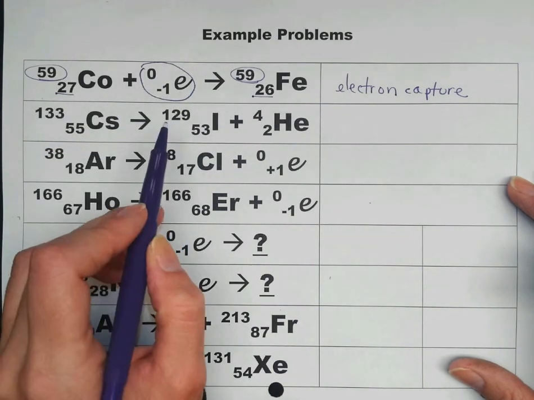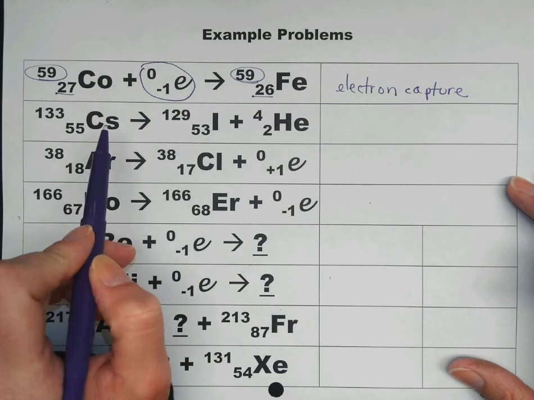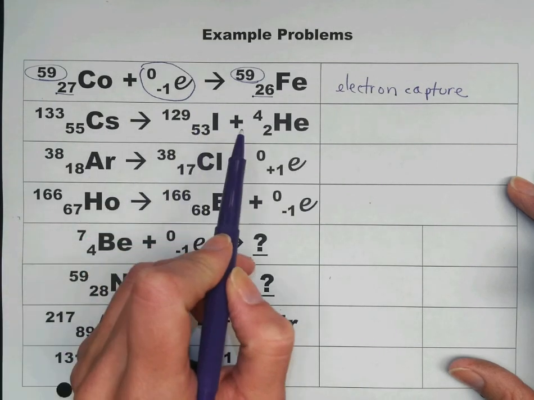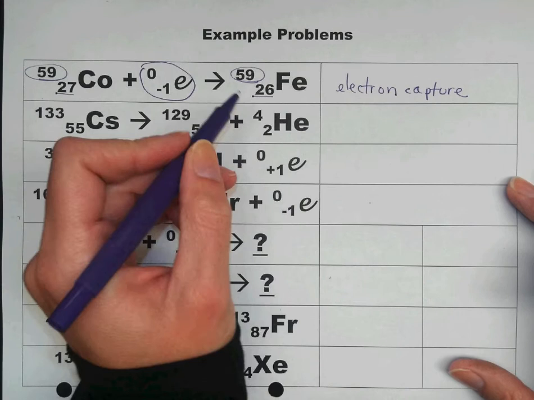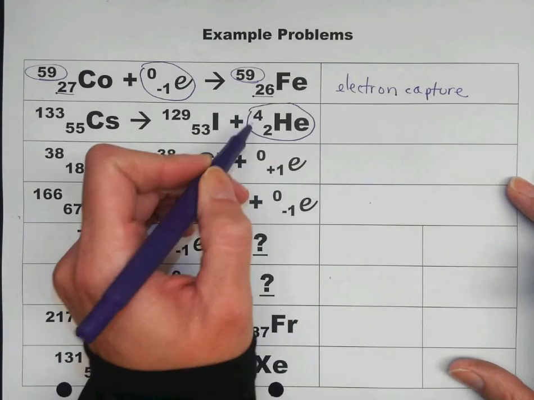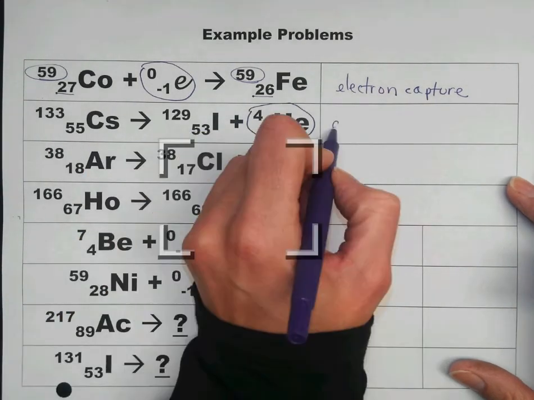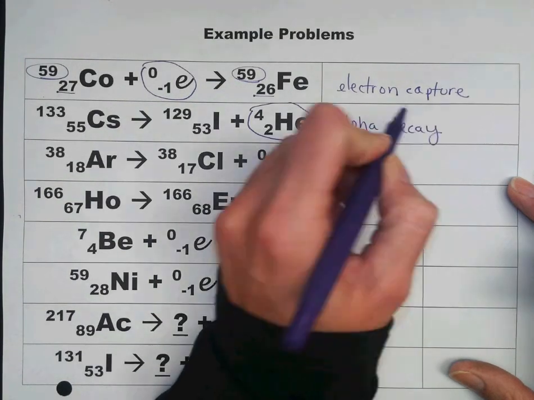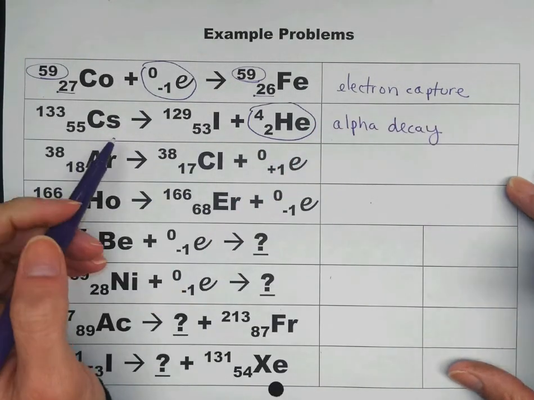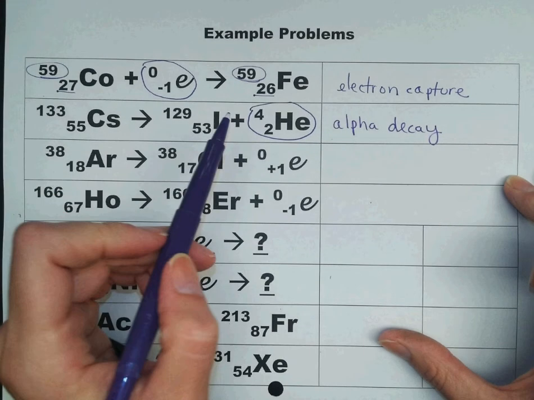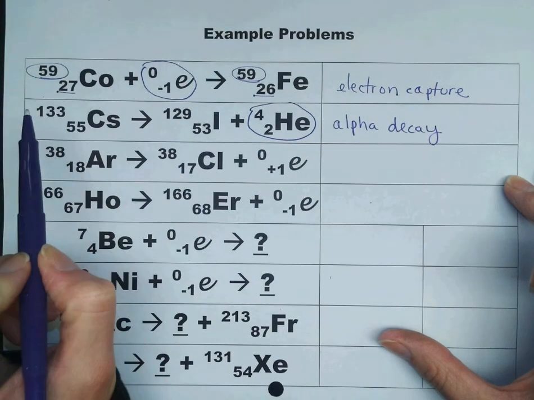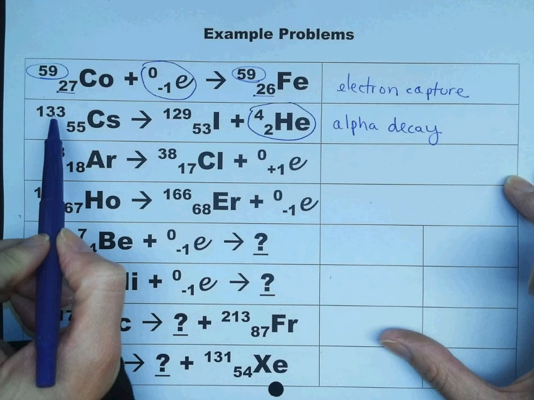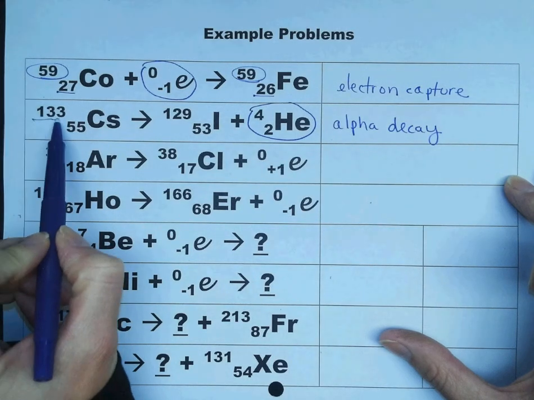If we look at the next example, we have cesium becomes iodine plus 4/2 He. So right here, that is the alpha particle. So we know that this one must be alpha decay. In alpha decay, that's the only one out of all the 4 types that we're looking at in which the mass number changes.